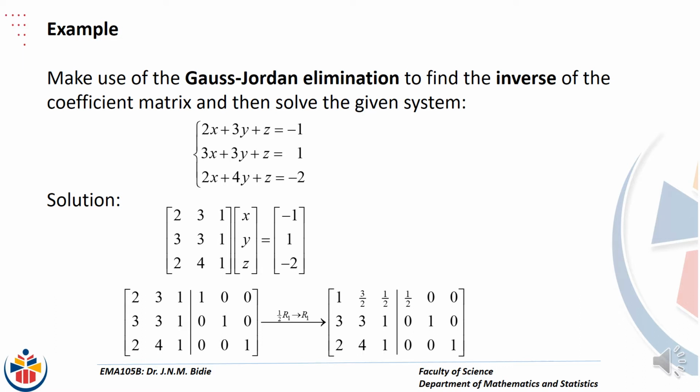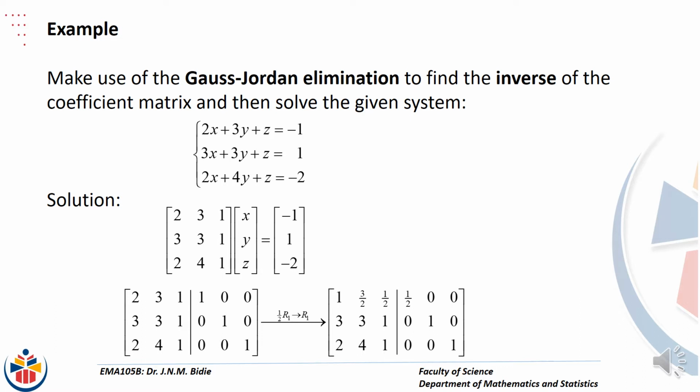So the first thing, we need to change the 2 to a 1. So therefore we divide the whole row by 2 and substitute in row 1. And then thereafter use row 1 to eliminate the 3 and 2 below it. So for row 2, it will be -3 row 1 plus row 2, substitute in row 2.